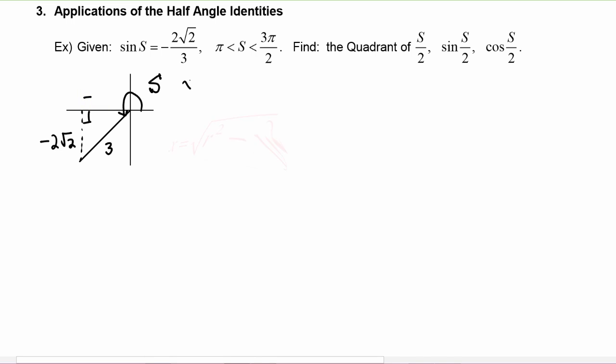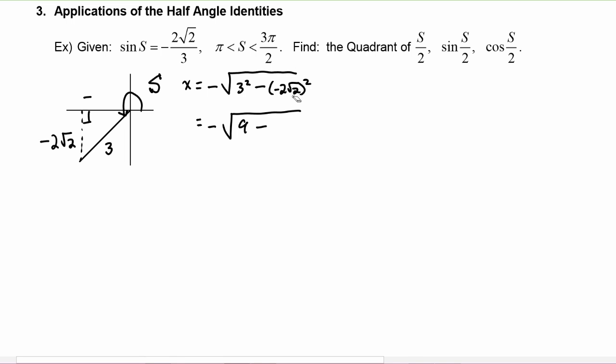Then x is going to equal the negative of the square root of r squared, so 3 squared, minus y squared, negative 2 radical 2 squared. So that's going to be negative radical 9 minus. Now here we know a negative, when it gets squared, is going to become positive. 2 squared is 4.